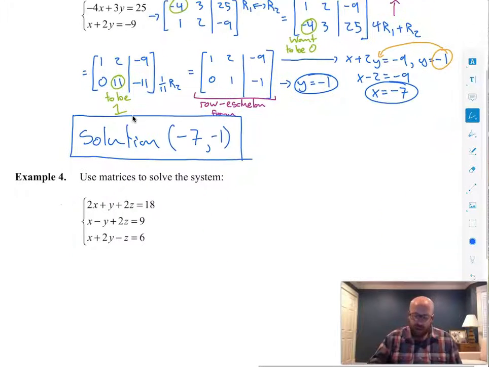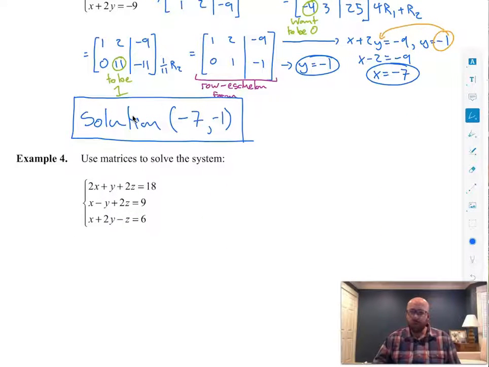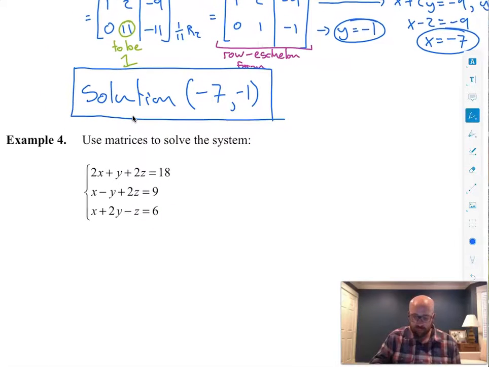So let's apply this process of reducing a matrix to row echelon form with a 3x3 system. Here we go. First things first, we want to get this into an augmented matrix.